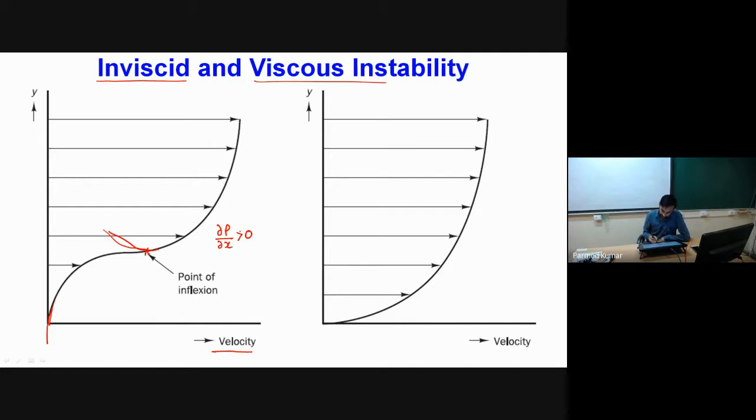Okay, and in the majority of our flows, we find a smooth velocity profile where the curvature is the same and there is no point of inflection. This type of velocity profile is evident in the majority of flows where we have a favorable pressure gradient, meaning del P by del X is less than 0.